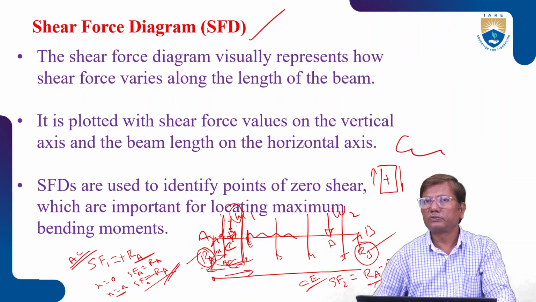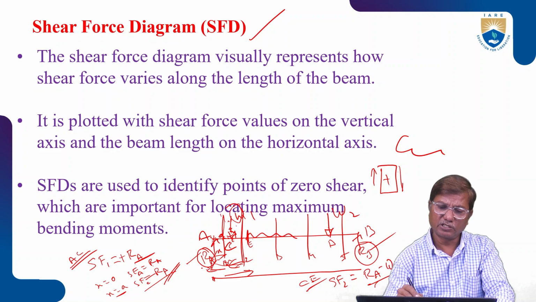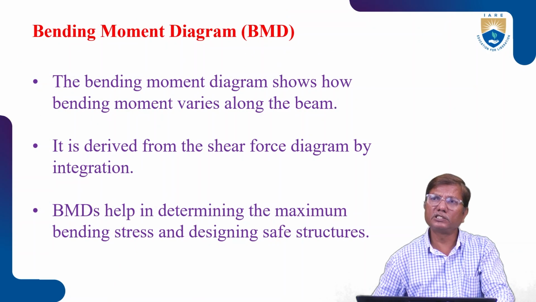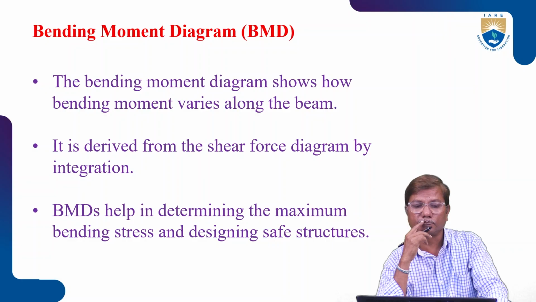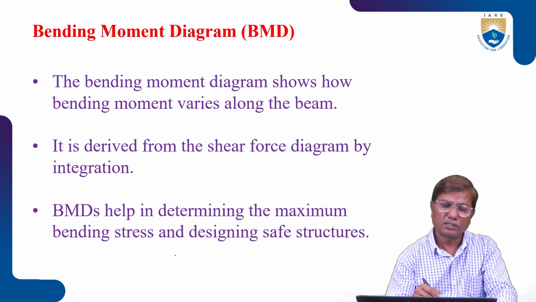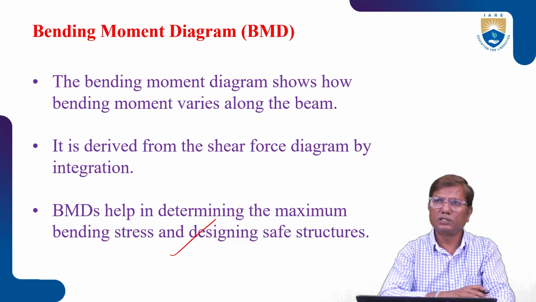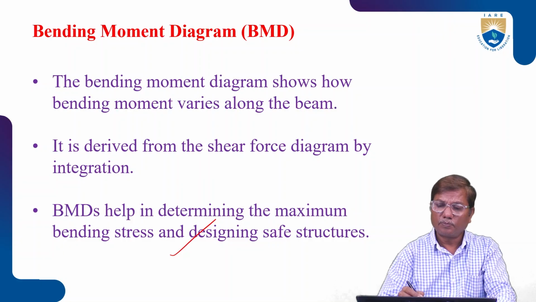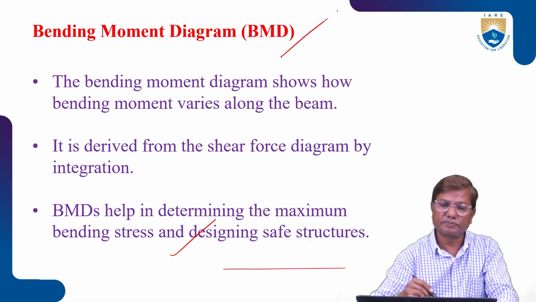And at the point of zero shear, where at any section the shear force changes sign, you will have maximum bending moment at that section. Same is the case with the bending moment diagram also. We calculate bending moment at different sections and plot the diagram, which is called the bending moment diagram.